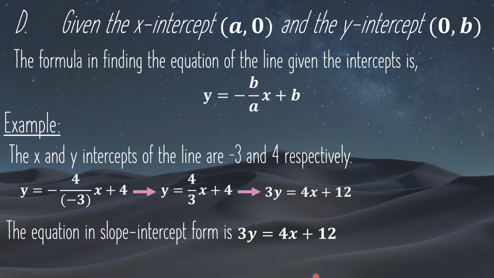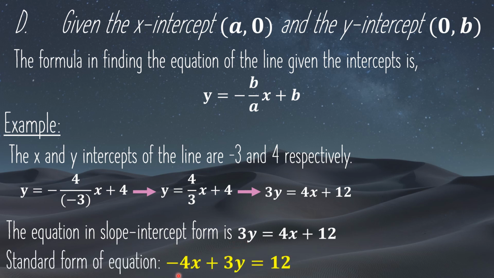Or pwede nating i-multiply ang buong equation na ito or slope-intercept form into 3 para makancel yung 3 ng numerical coefficient. Pero kung ang hinahanap ay yung standard form, pwedeng hindi na natin i-cancel yung numerical coefficient ng y. So, the standard form of equation will be negative 4x plus 3y equals 12.